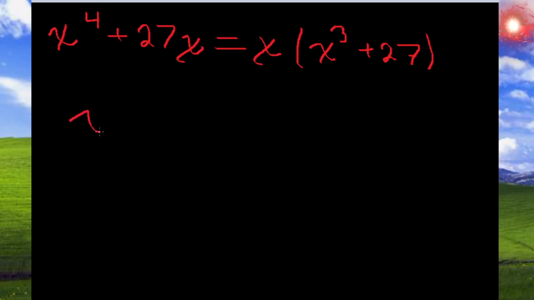So we say x is equal to 0 and 3. Triple root at 3. So 3, 3, 3. But really the roots are only 0 and 3.